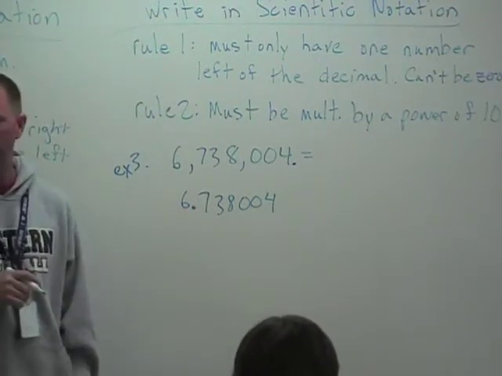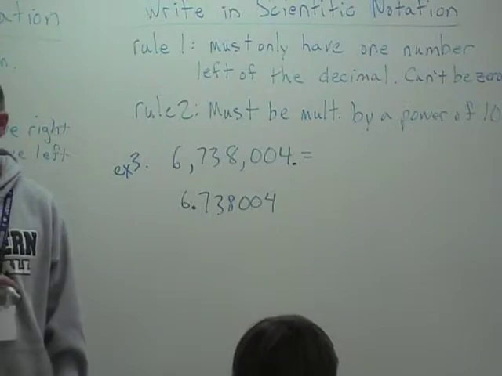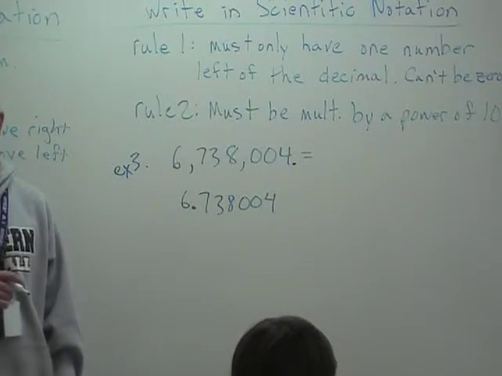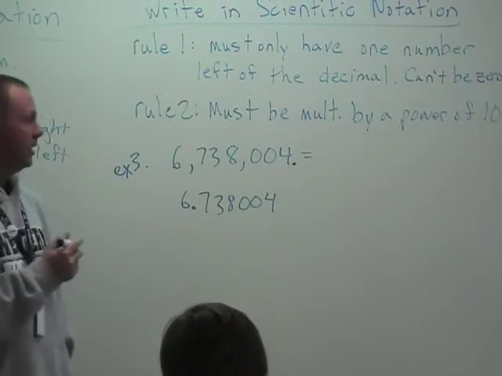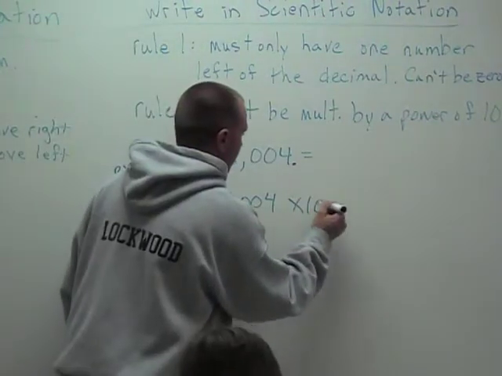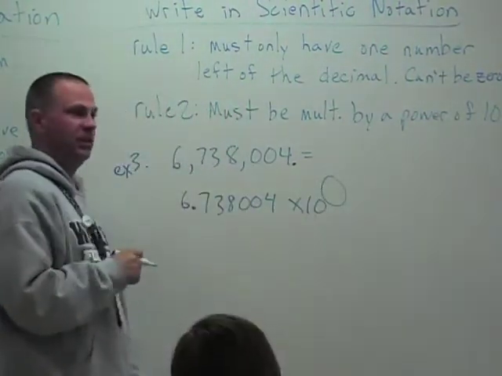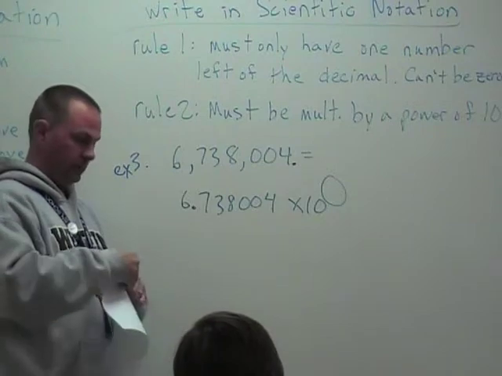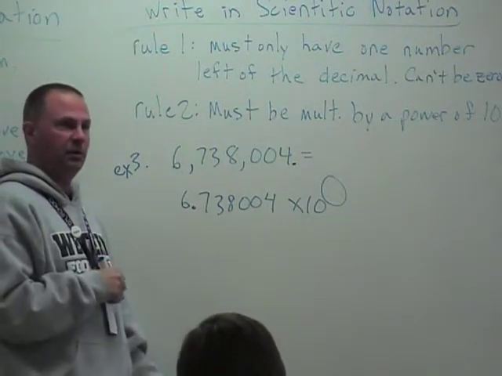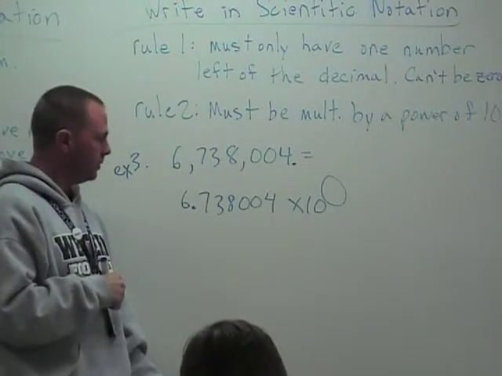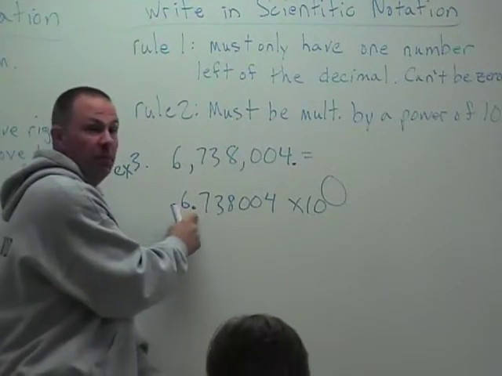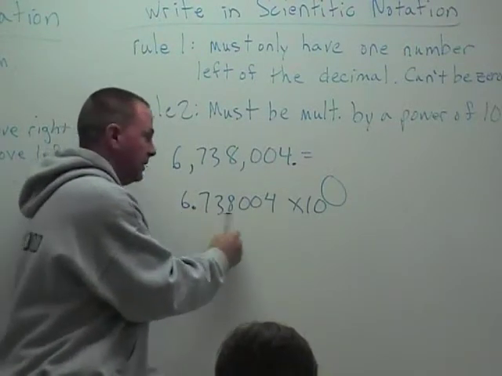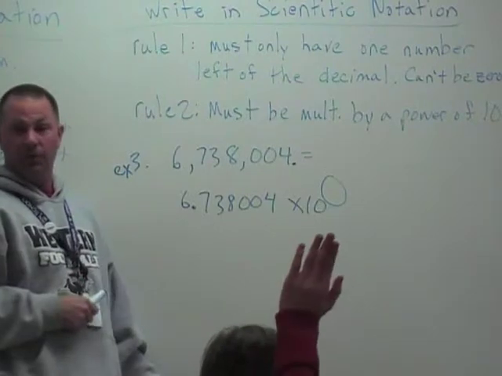What's rule number 2? It has to be multiplied by 10. Yeah, you need a times 10 here. Now the question is, what goes in that position? And here's what's important and where some of you struggle. This decimal in my answer is affected by what I'm multiplying by a power of 10, right?